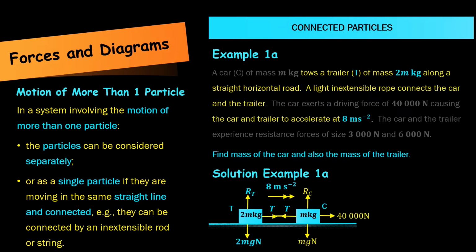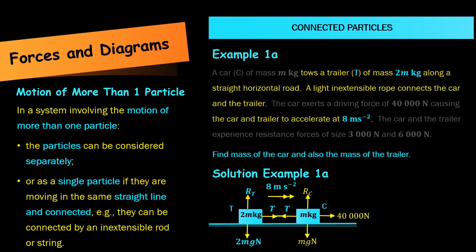And now for the trailer. It has mass 2m kilograms, so the force being exerted downwards is 2mg newtons. The normal reaction force is R subscript T, and the tension in the light inextensible rope is T, and it's being exerted on the trailer and on the car.